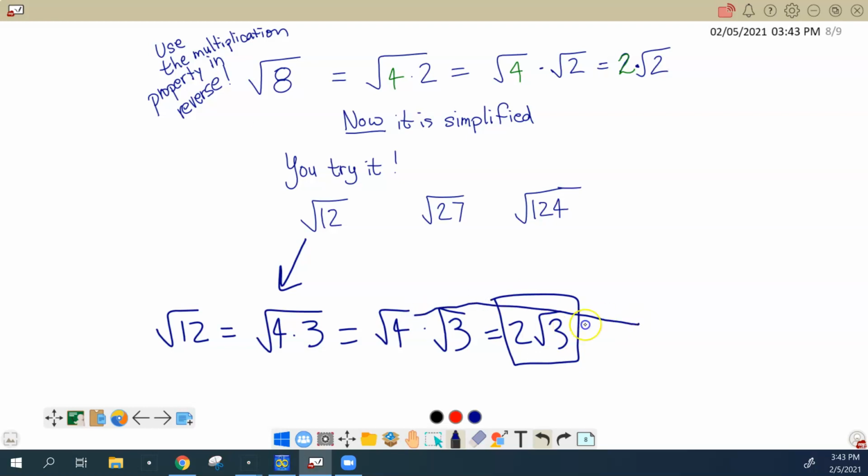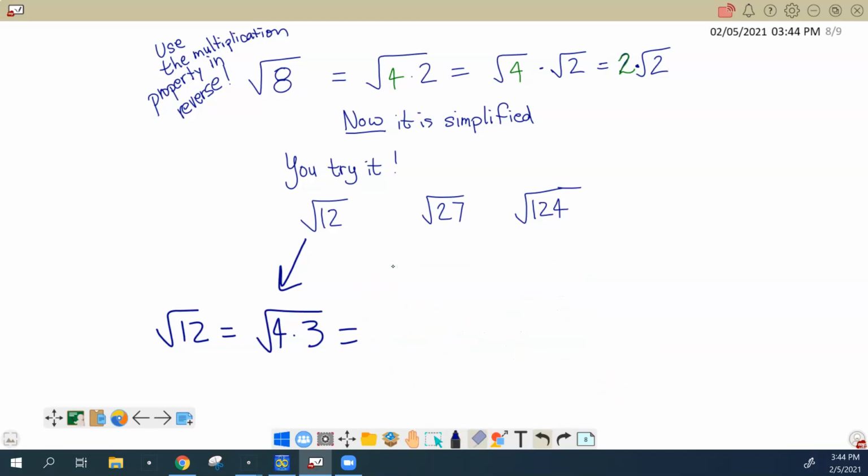Next, let's take the square root of 27. So the square root of 27, you can break that down into 3 times 9, right? 9 is a perfect square.